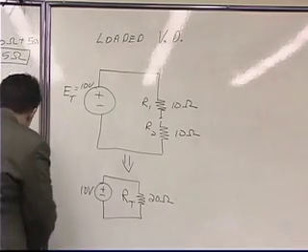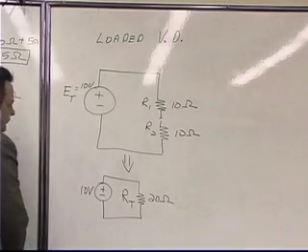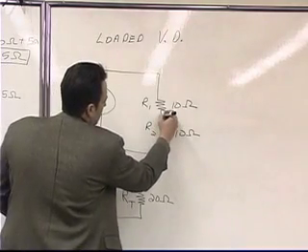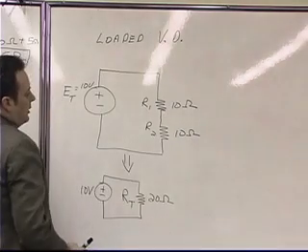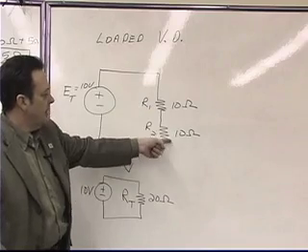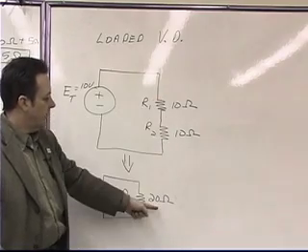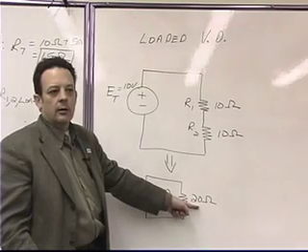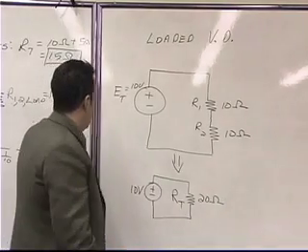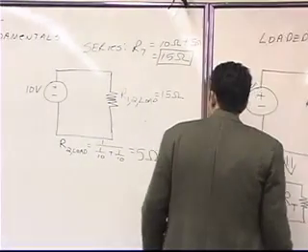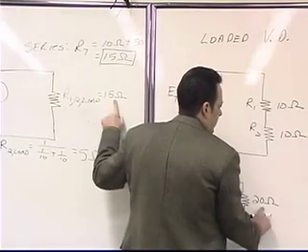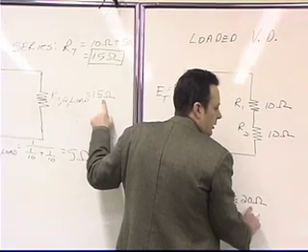If we remove the load, and I want to know what the total resistance is of the unloaded circuit, what do I get? 20. Okay? Now, what's the difference between the unloaded and the loaded circuit?